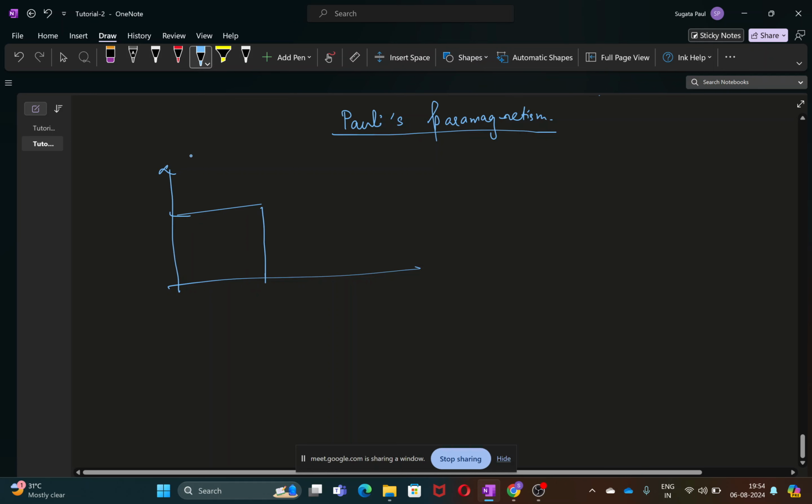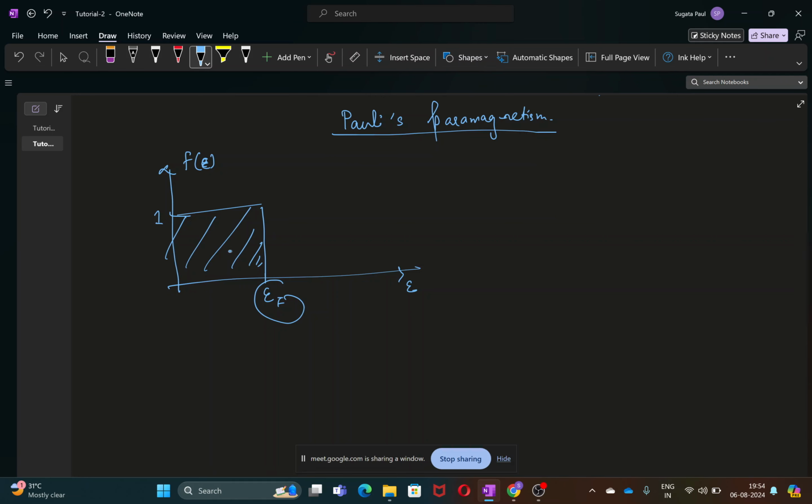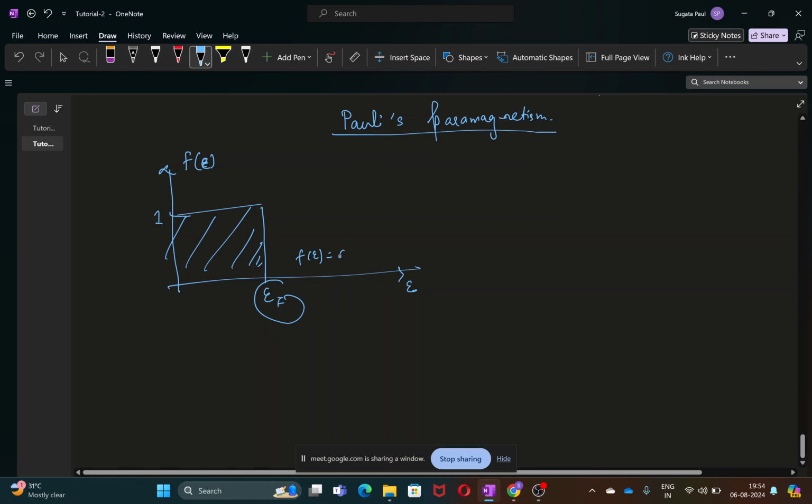So this is Fe, the probability of an electron being in the energy state E, and this is the energy axis. You know the Fermi-Dirac distribution: up to EF the probability is 1, and this is the Fermi energy EF. Below EF the probability of the electron occupying the state is 1, and above EF it is 0.